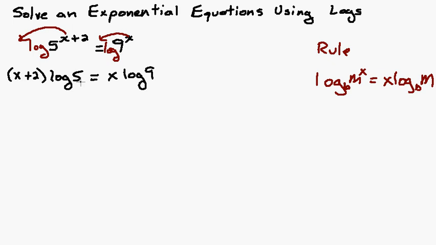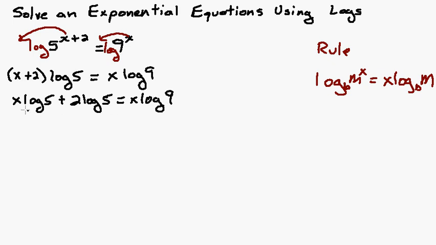Now log 5 here is a number, log base 10 of 5. You could punch that into your calculator and get some kind of a decimal. It means 10 to what power is 5. So we could just think of this as a number, log 5, and log 9 is another number. Alright, we need to get x by itself, and we've got x's on both sides of the equation. So what we need to do is distribute log 5 into the parentheses. So we get x log 5 plus 2 log 5 equals x log 9.